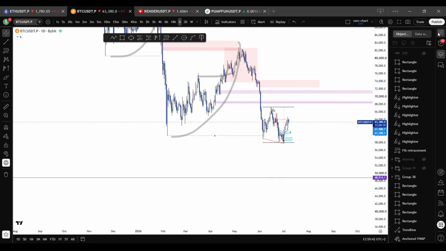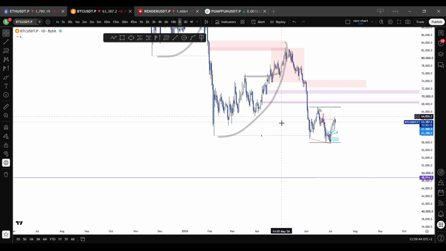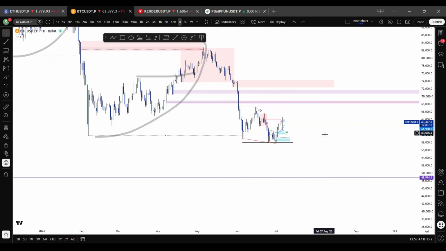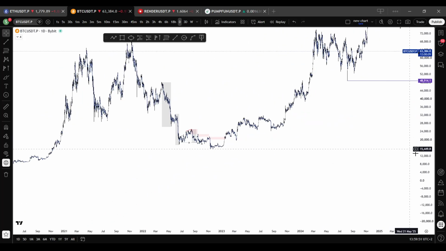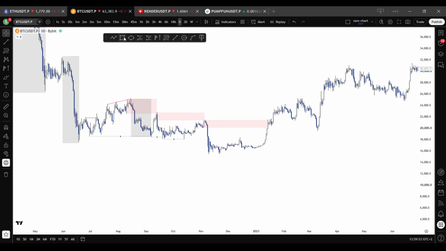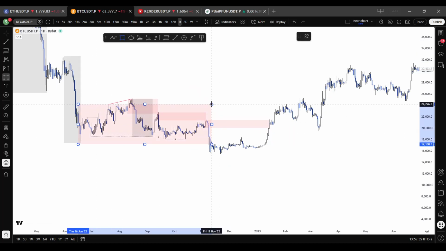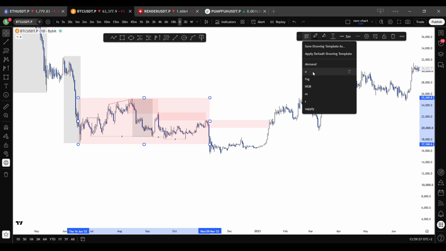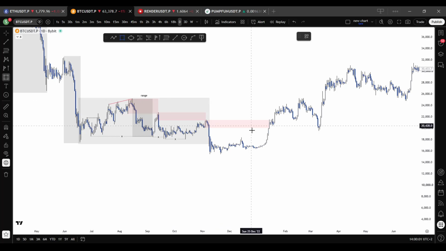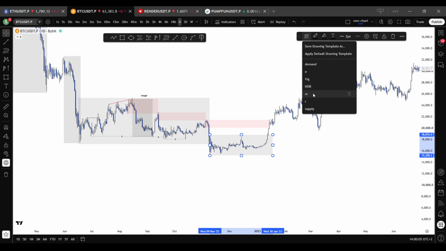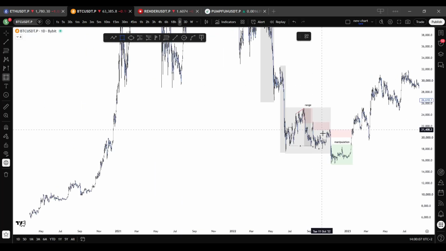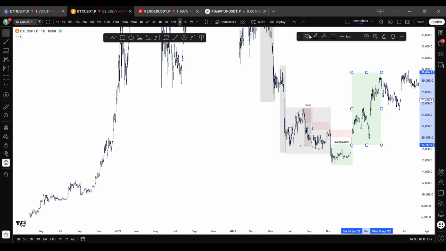Yeah, that's what's really interesting about the price action that we currently have. And the next thing is that, of course, back here we also had our PO3, where we got our range, then our manipulation phase, and then our expansion phase.